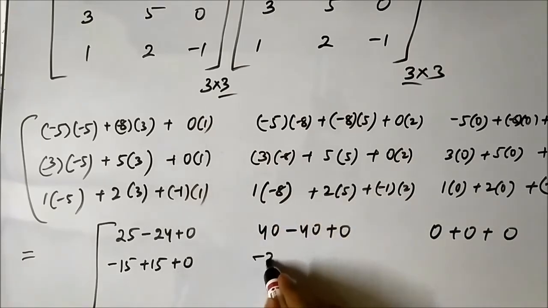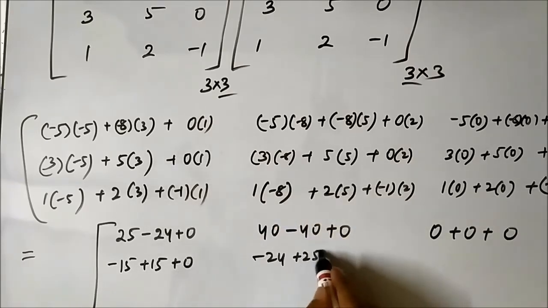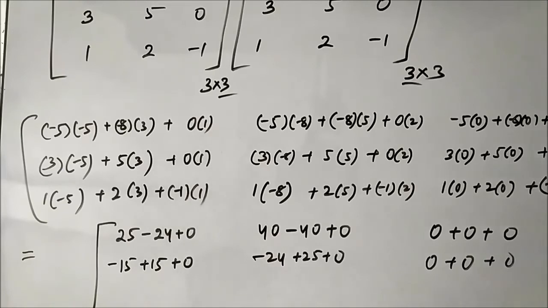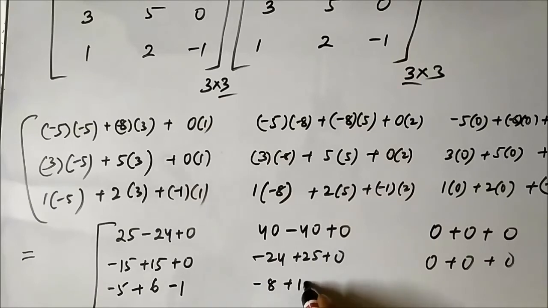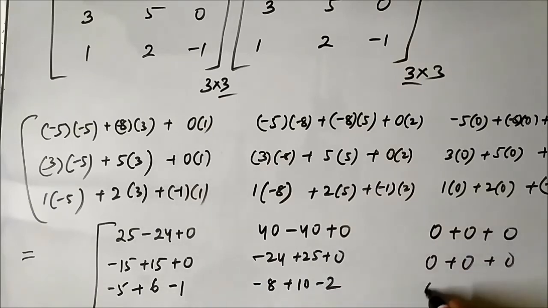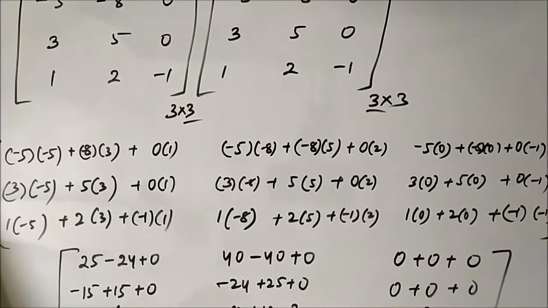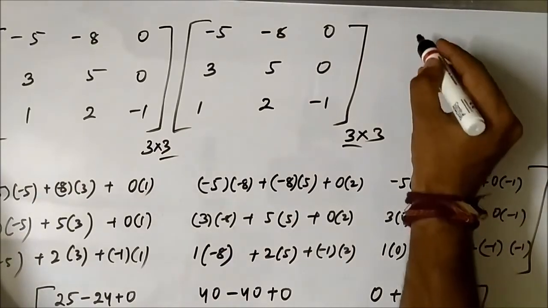This is minus 24 plus 25 plus 0, and this is 0 plus 0 plus 0. This one is minus 5 plus 6 minus 1. This is minus 8 plus 10 minus 2, and this is 0 plus 0 plus 1.